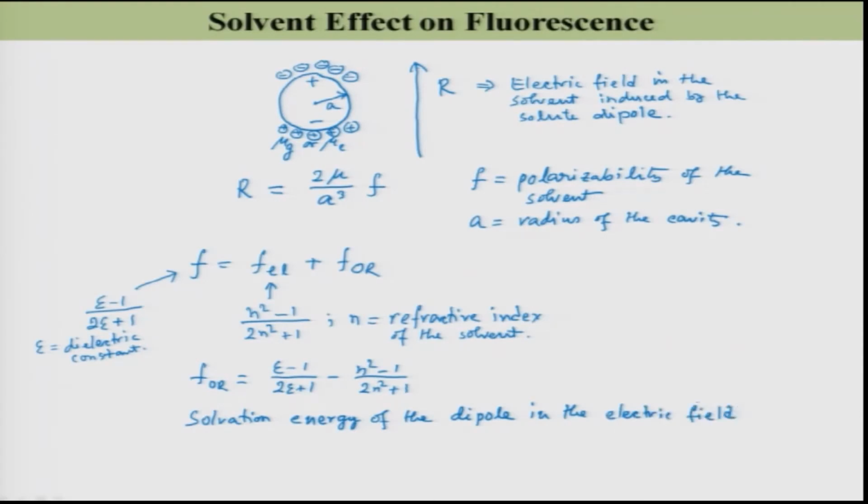Which electric field? That electric field R. This can be written as delta E equal to minus mu dot R. This mu is my solute dipole.